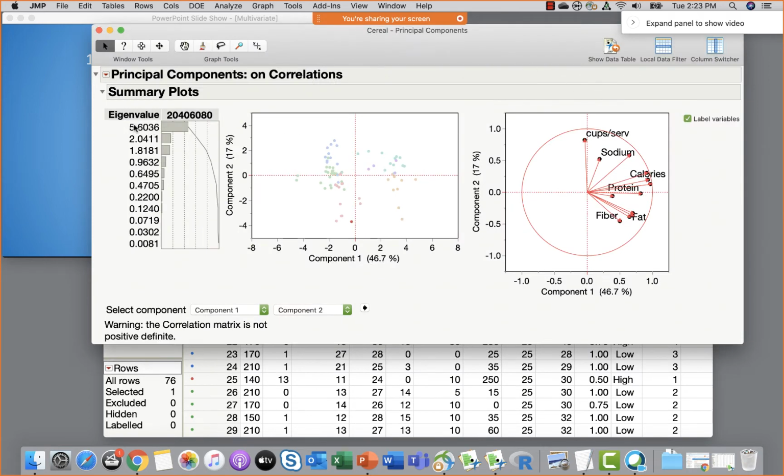And this is showing us these eigenvalues, which are part of a decision criteria to see how many important components there are. In this case, we had 1, 2, 3, 4, 5, 6, 7, 8, 9, 10, 11. We have 11 eigenvalues. That's going to match up with the fact that we have 11 variables. So there should be 11 distinct variables that are showing up in our map.